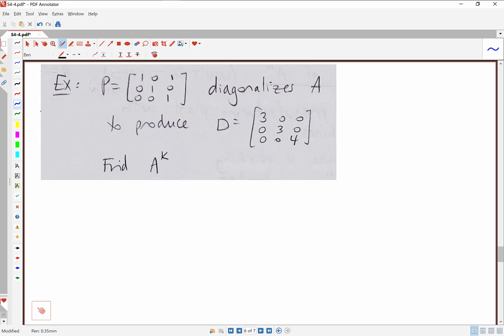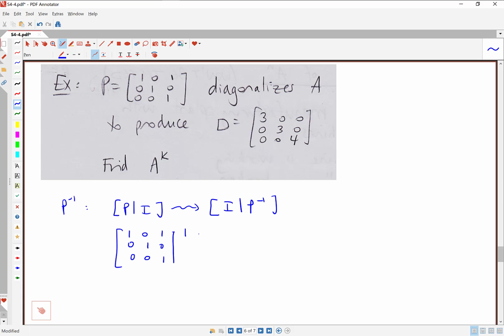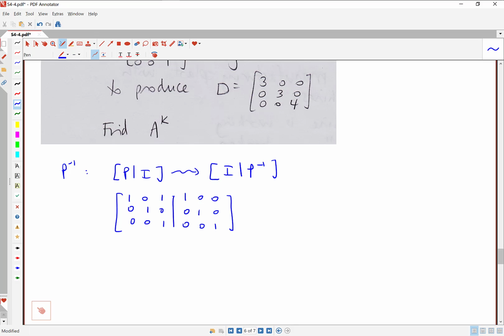Okay, I think I'll start with P inverse. So to get P inverse, let's write down what we're doing. To get P inverse, we're going to write down P and the identity matrix. We're going to do some row operations and turn that into the identity matrix. P inverse will come out on the right side. So there's our matrix P, write down the identity matrix beside that, and there's just going to be one row operation required to get the identity matrix on the left side, which is to do row 1 minus row 3.